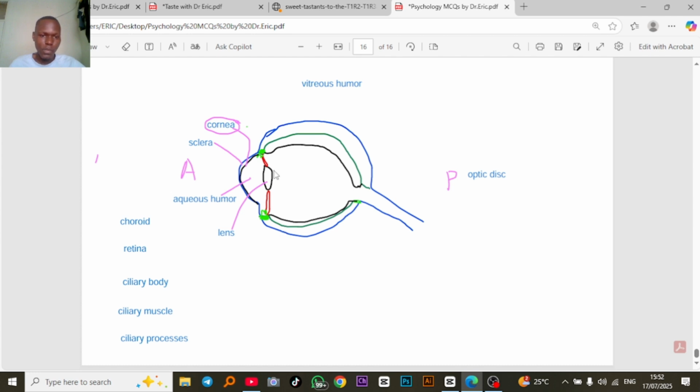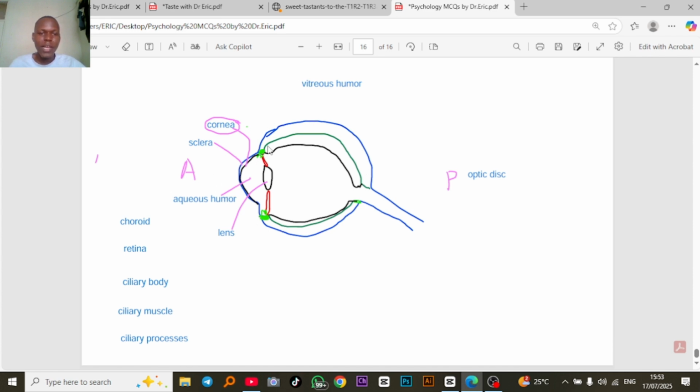Going back here, I'd like to talk about these layers. I try to use different colors to indicate each layer. We've talked about the outermost, which is blue. That's the sclera covering the entire eye, as you can see.